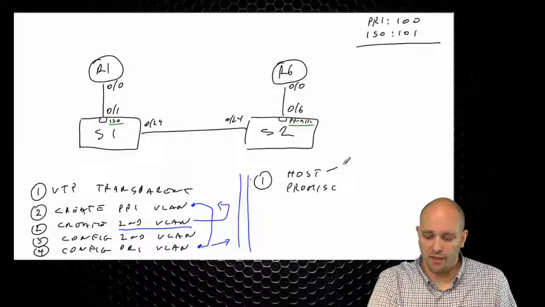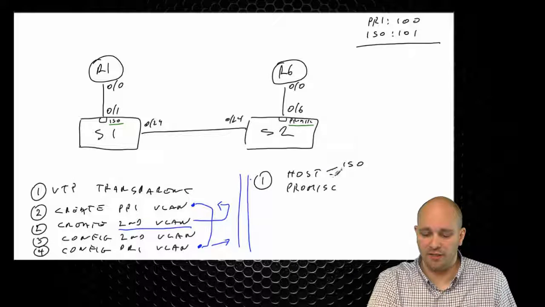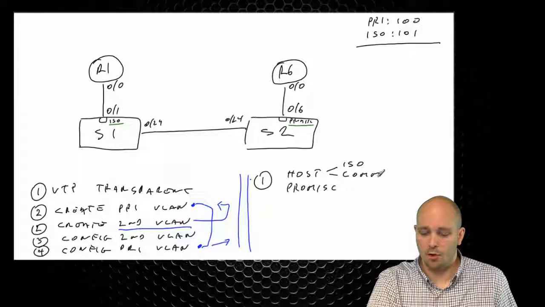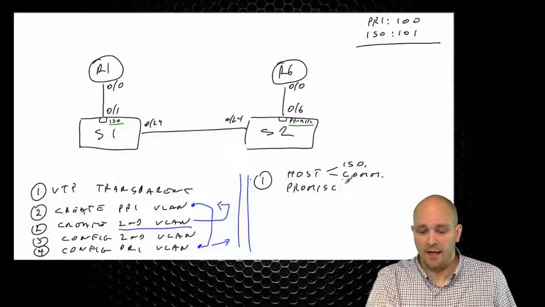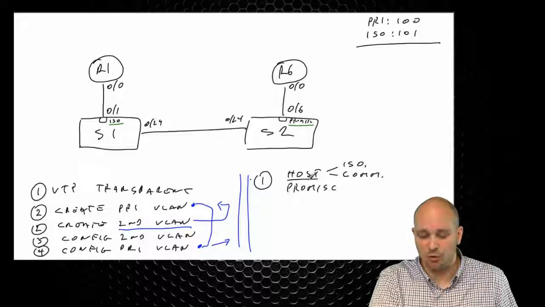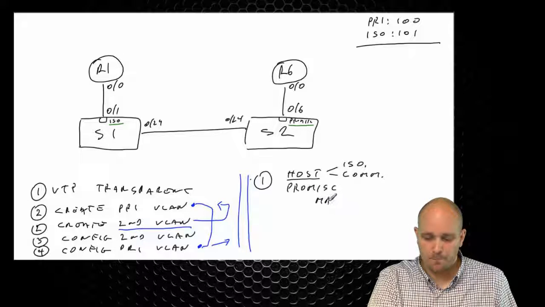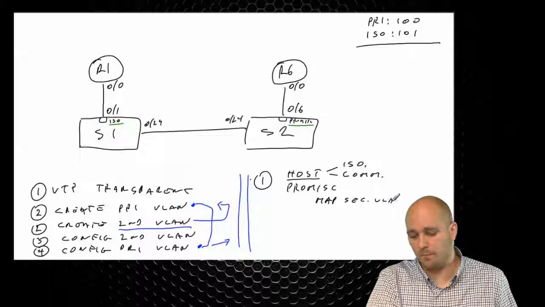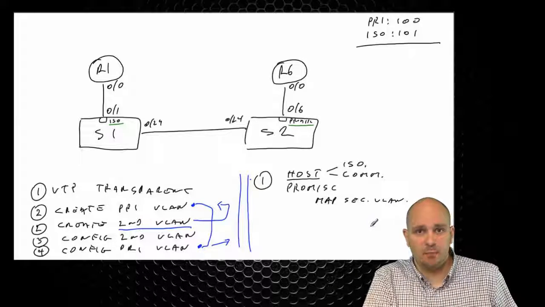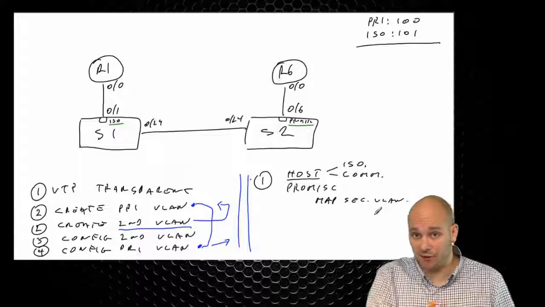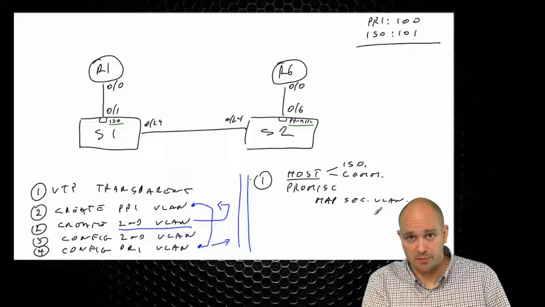Now, host ports can belong to either isolated VLAN or the community VLAN, but they are in both cases called host ports. Now, when we configure promiscuous ports, we need to map secondary VLAN to these ports, and we can have multiple secondary VLANs mapped to the promiscuous port.